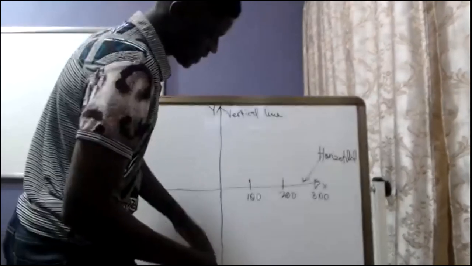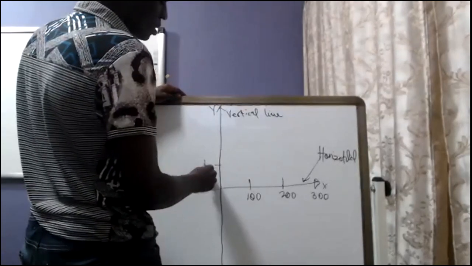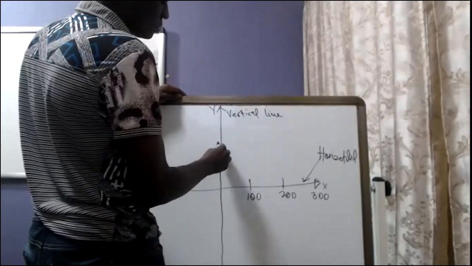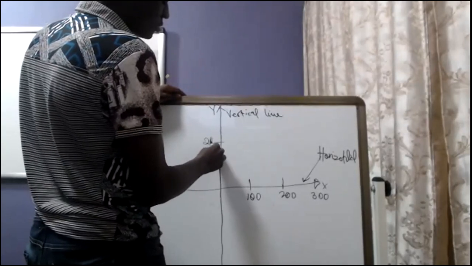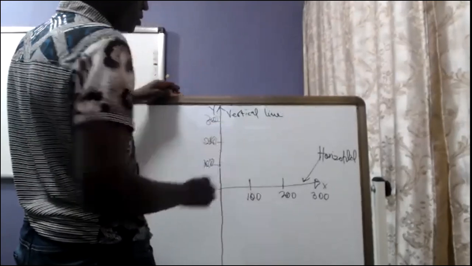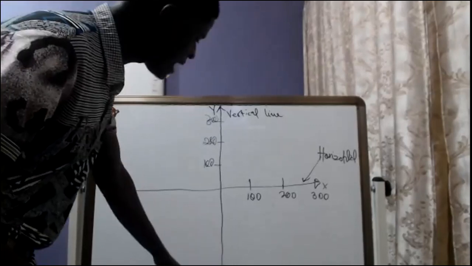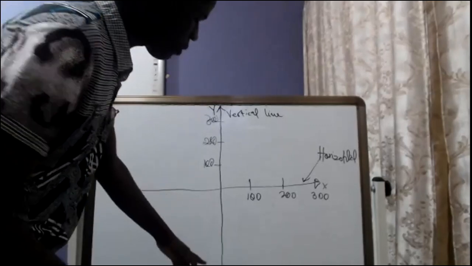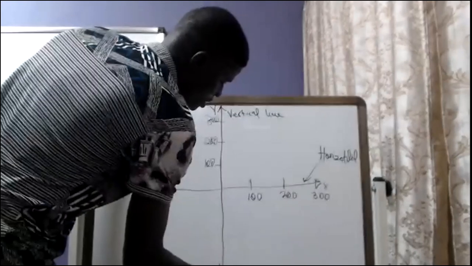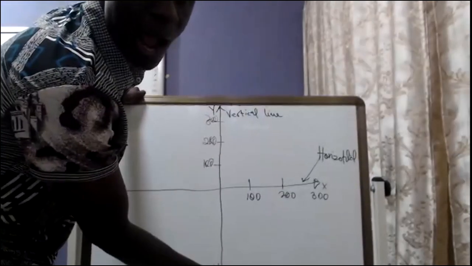And for the vertical line, this is the positive side. So we have 100, 200, 300. And for this side, it is the negative for y. Okay, so this is the y line. The vertical line is the y line.